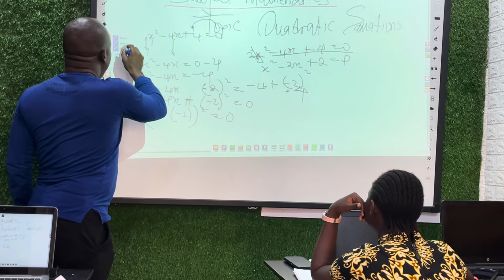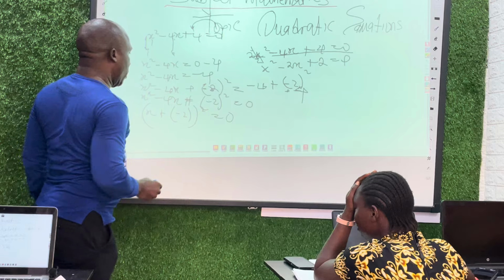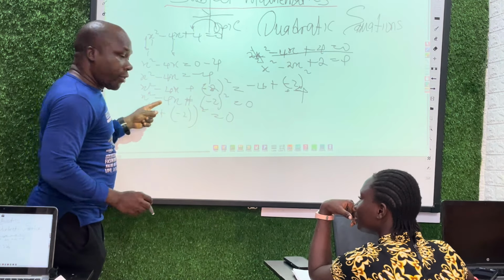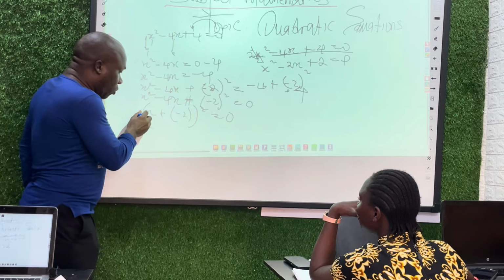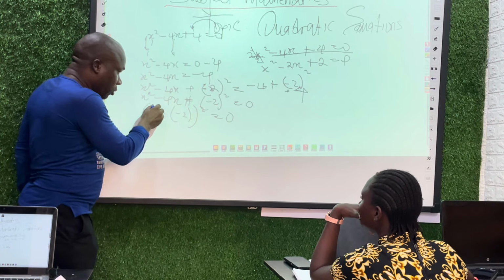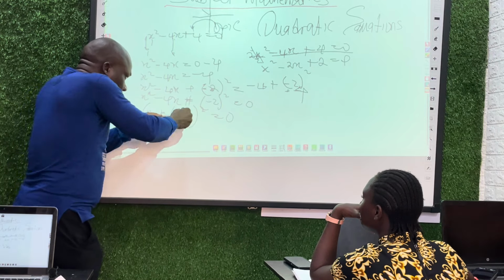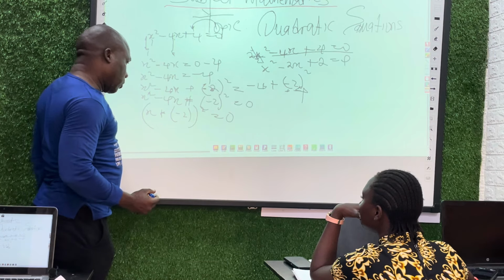Are you getting me? This plus. Yes, this plus. Since they are carrying x, take one of this and take one of this. I've taken one of it as x plus. Then minus 2. Then bracket all of them and equate it to 0. Are you okay with that?